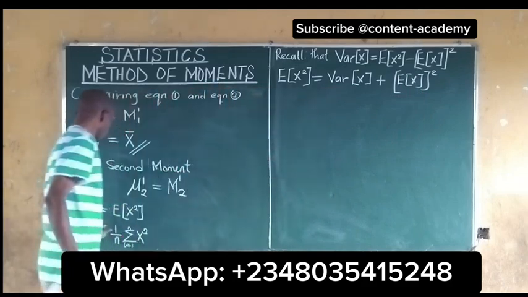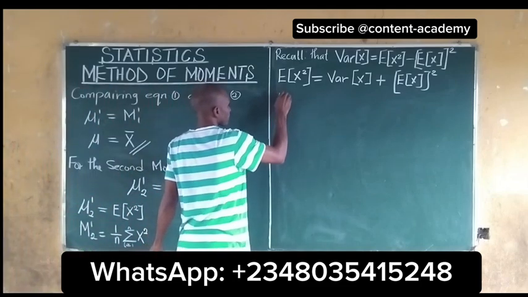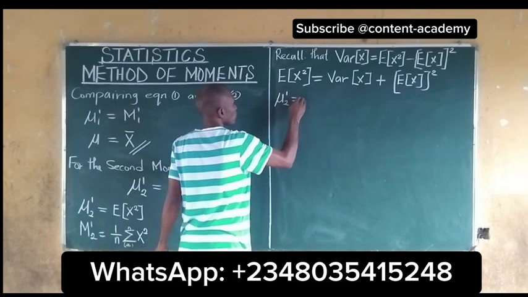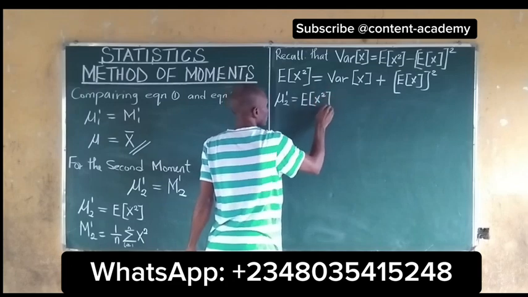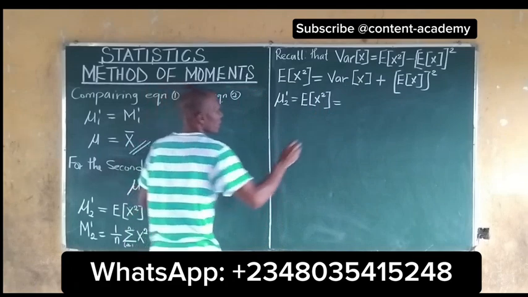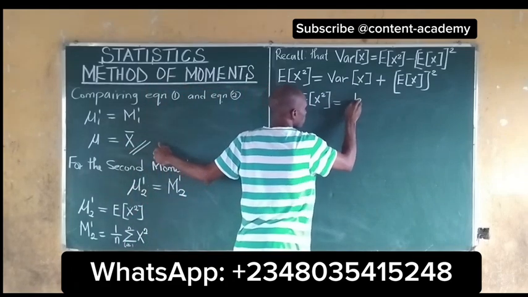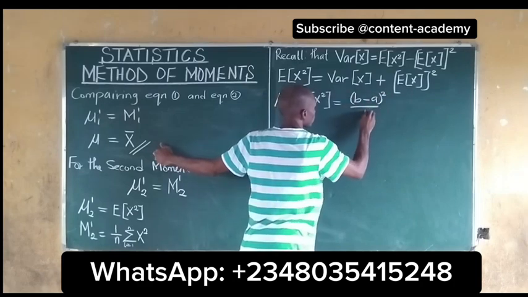It then means that our population mean for the second moment is equal to the expected value of x squared, which is equal to our variance. We have our variance, like what we wrote before, to be b minus a all squared all over 12.